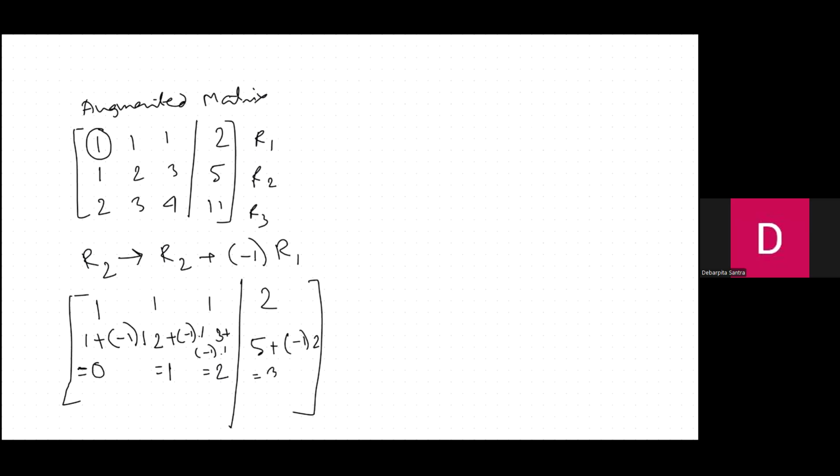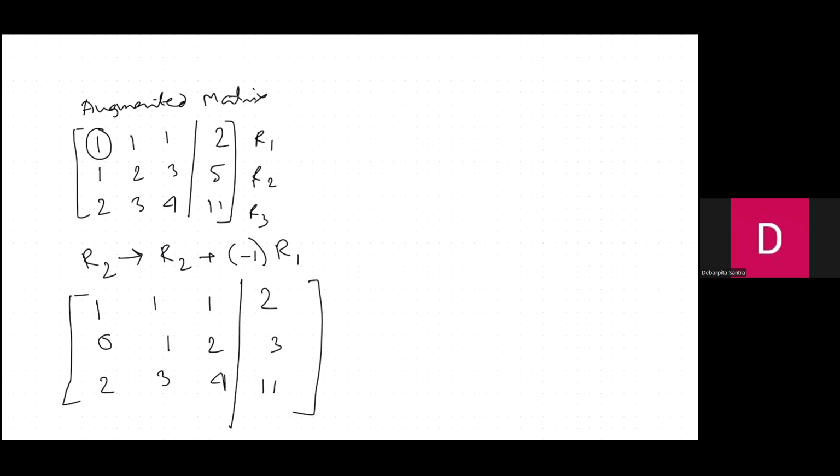Let me write it down properly so that you can understand. The second row is 0, 1, 2, 3, as we have just operated. The third row remains unchanged: 2, 3, 4, and 11.